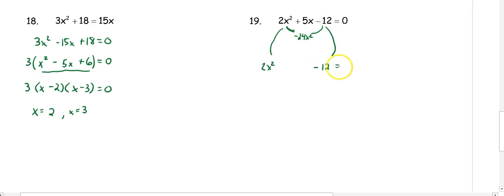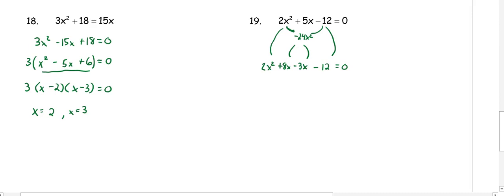We still have minus 12 equals 0. So now we need two terms that multiply to negative 24x squared and add to 5x. So each of them is going to have an x, and those two numbers that multiply then are going to be written in the middle here and replace the 5x, or splitting the 5x into two x terms. So those two numbers would be 8x and negative 3x.